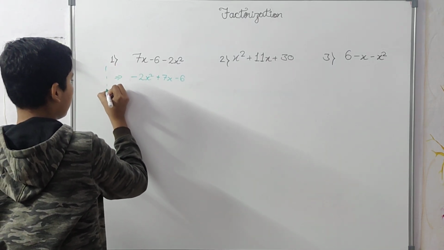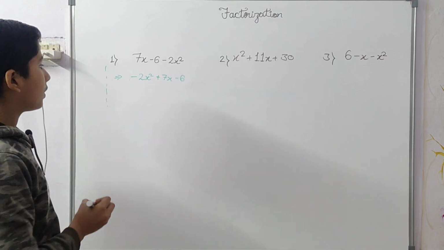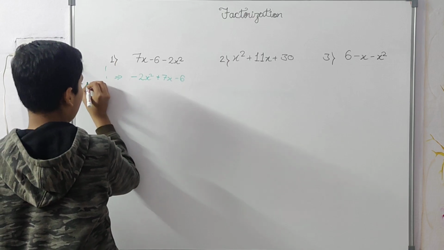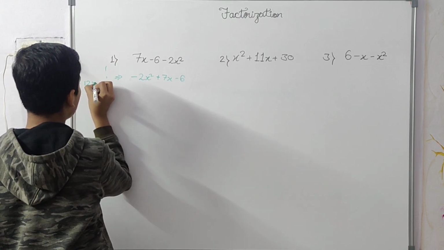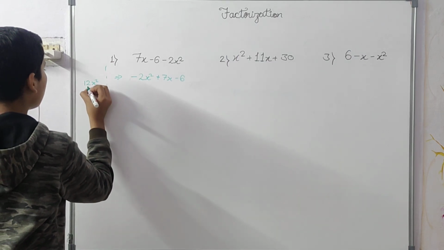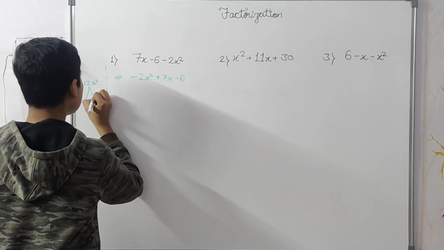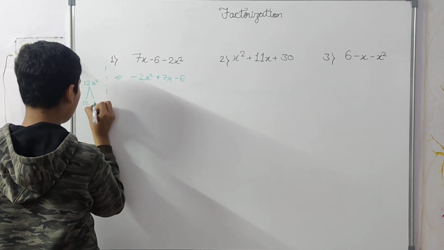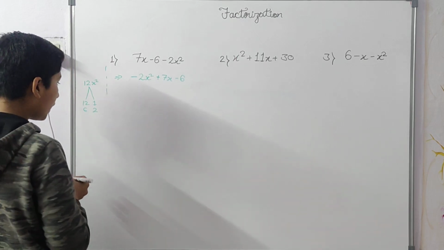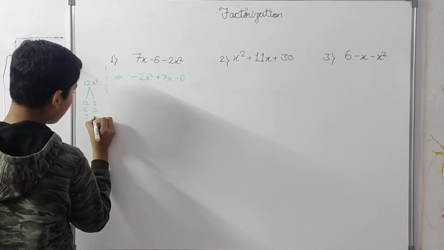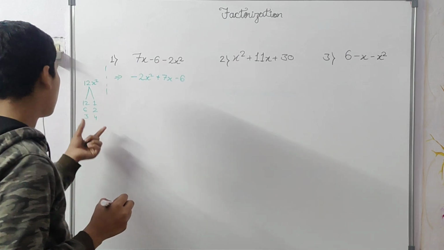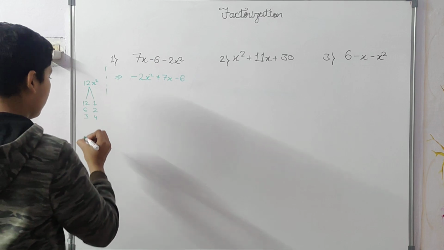Multiply over here. 2x square into 6, minus 2x square into minus 6, gives 12x square. So how will you write 12x square split? 12 into 1, 6 into 2, and 3 into 4. And no more, only these are the factors.